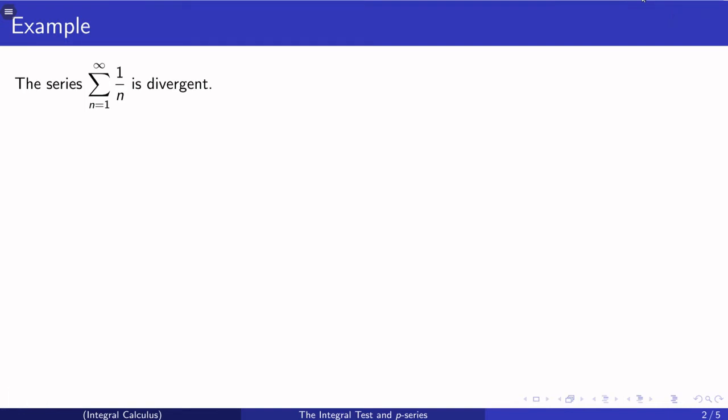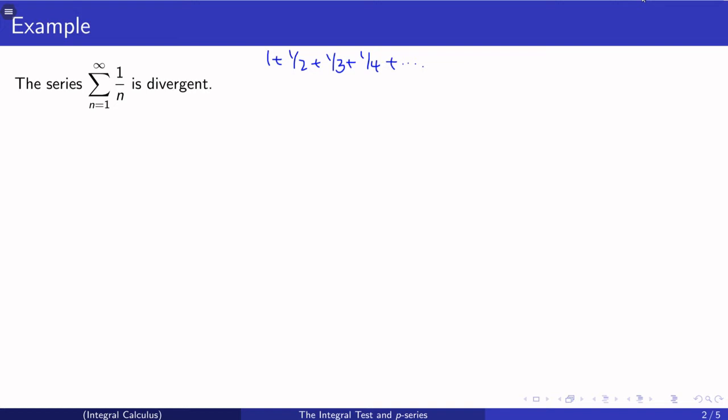And I'll start with an example that we've seen before. It's the harmonic series, summation n equals 1 to infinity of 1 over n. Right? So again, this is 1 plus 1/2 plus 1/3. The sum of the reciprocals of all whole numbers. Right? 1, 2, 3, 4, and so on. And we already mentioned that the test for divergence does not apply.